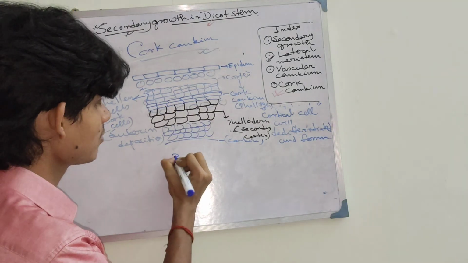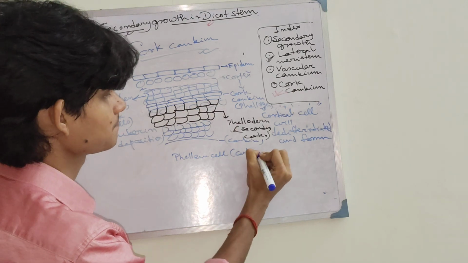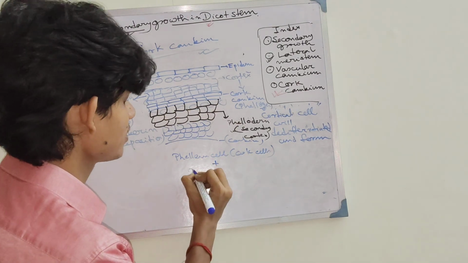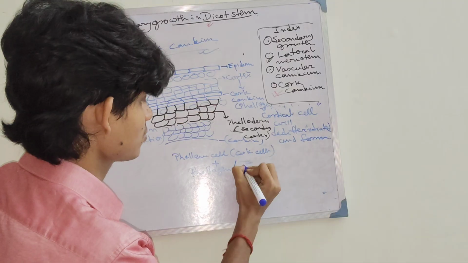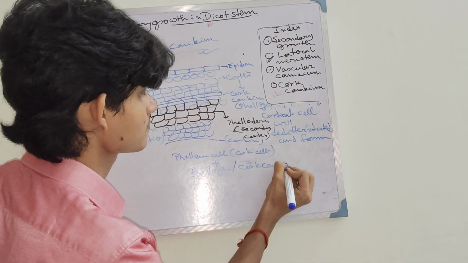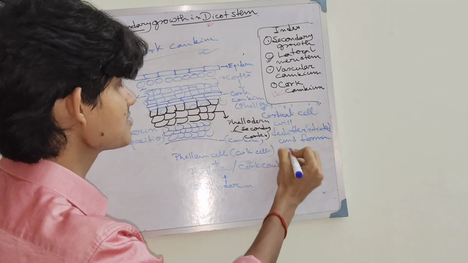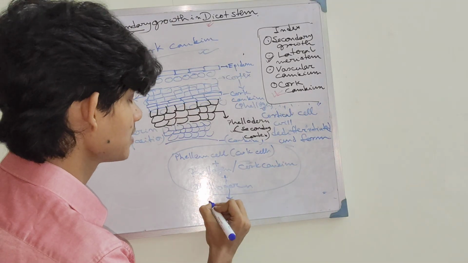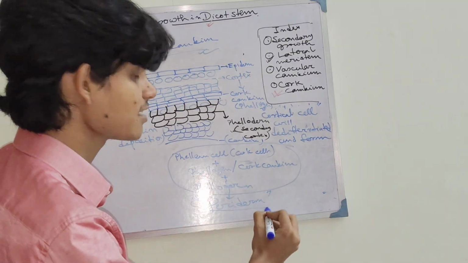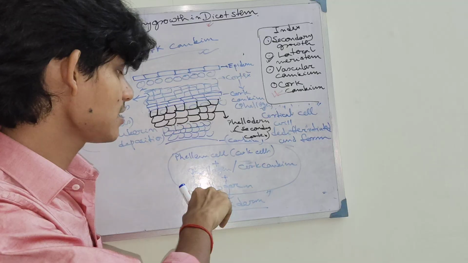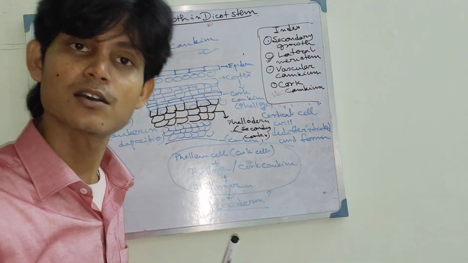The phellem cells, or cork cells, plus phellogen, or cork cambium cells, plus phelloderm cells, these three combined we call periderm. The periderm is composed of phelloderm cells or the secondary cortex, phellogen or cork cambium, and phellem cells or cork cells.